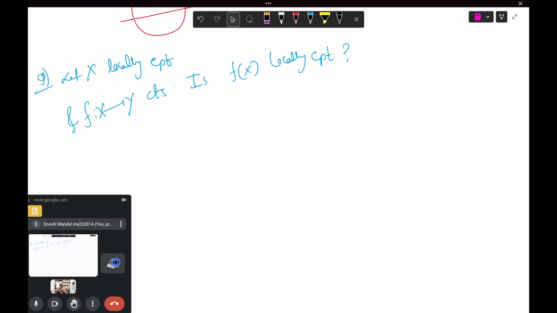Sir, if we define a map from R to R such that the irrational points map to zero. Take R and R with the usual topology, right? Yes, sir. Now tell me the map.